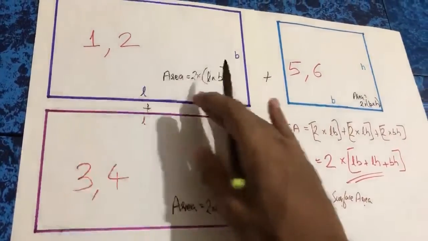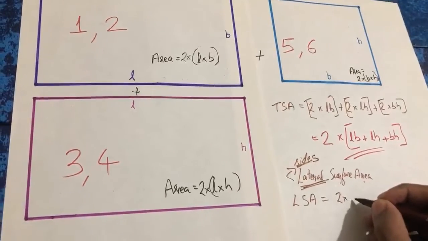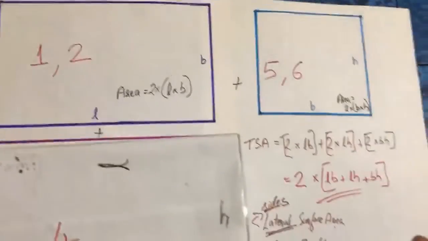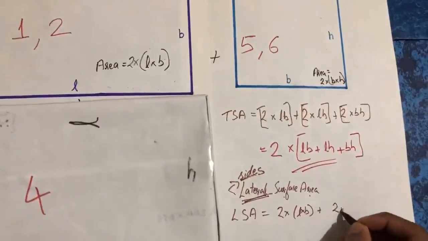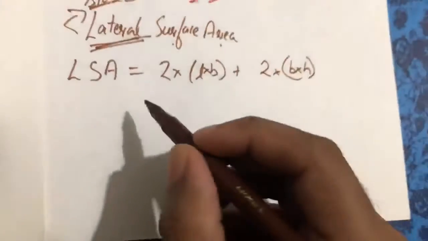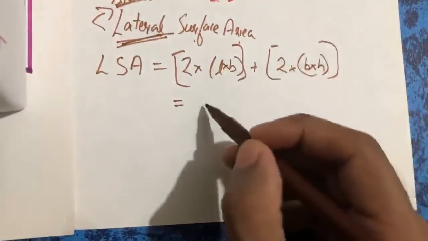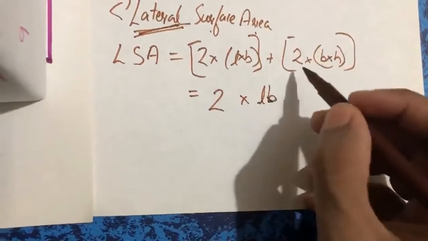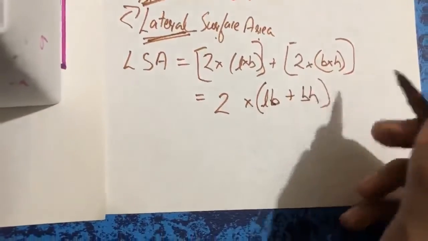So if 3 and 4 are considered the base and top, the formula will be 2 into L into B plus 2 into B into H, which is, 2 is common, so keeping 2 outside, 2 into LB plus BH.